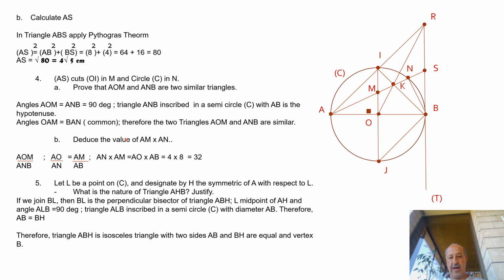Now deduce the value of AM times AN. Always if we have a question straight away after similar triangles, we want to use the question before. So if we write the ratio of similitude between triangles AOM and ANB, we can easily find the product AM times AN.